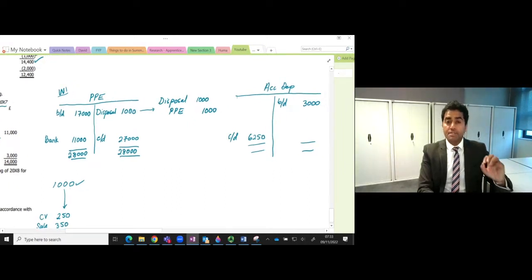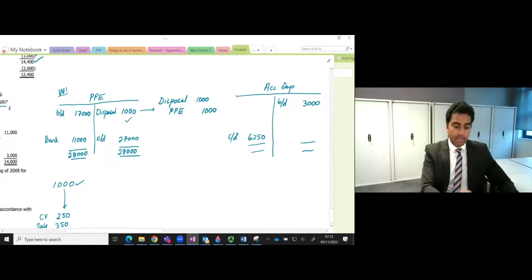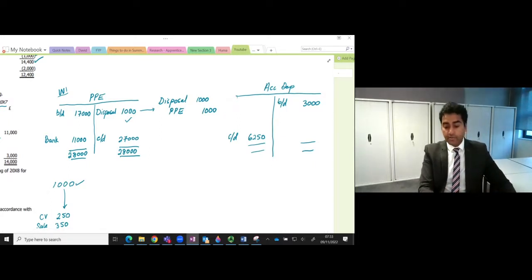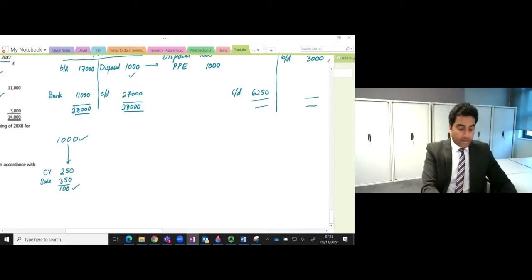Now, the machinery which has been disposed of, we need to make an adjustment in the accumulated depreciation account as well. So notice that I removed the asset from the asset property, plant and equipment account over here. And similarly, any accumulated depreciation that relates to that machinery needs to be removed as well from the accumulated depreciation account. So let's work it out.